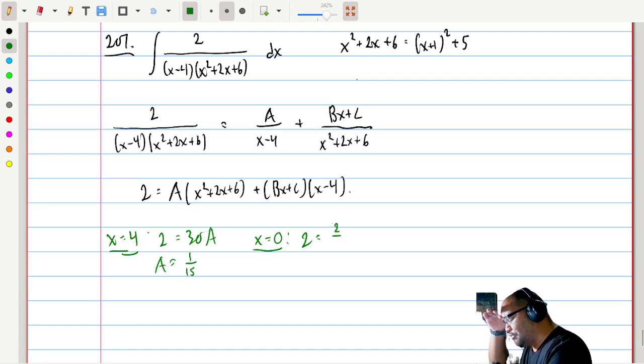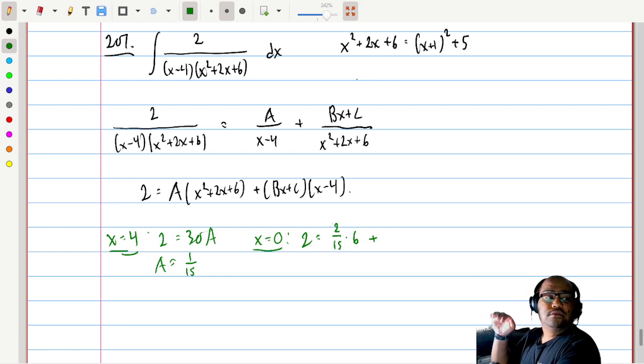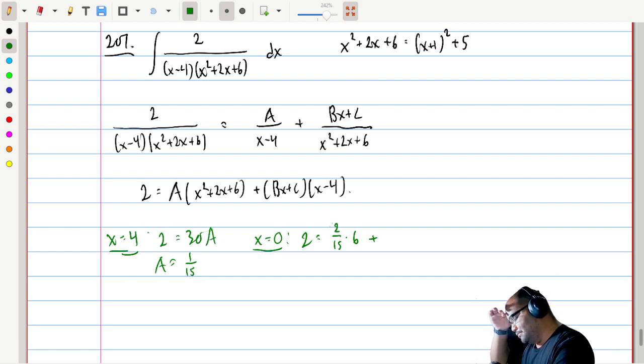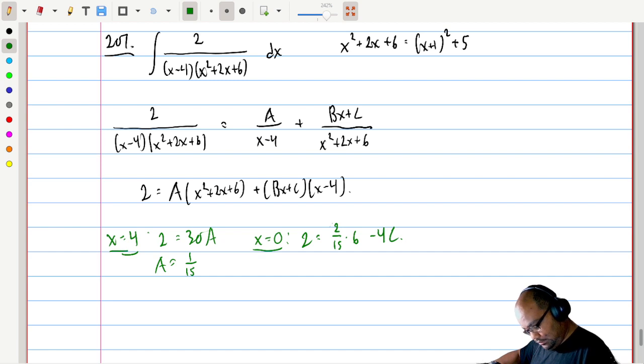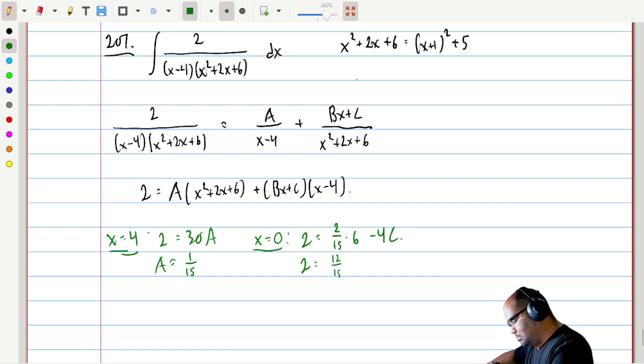So we have 2 equals 1 over 15 times 6 plus, let's see here, 0 minus 4 is -4. So we get a -4C here. So 2 is 30 over 15.